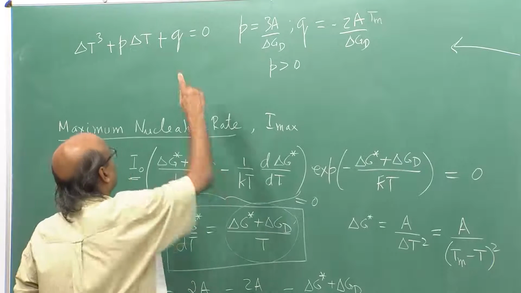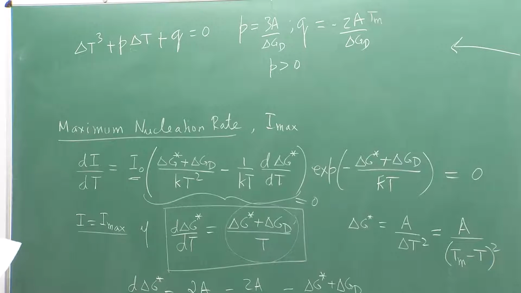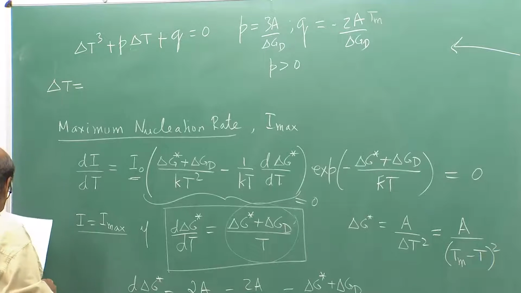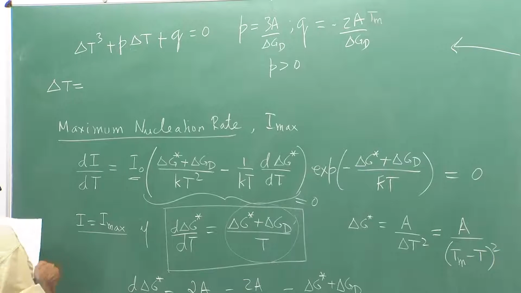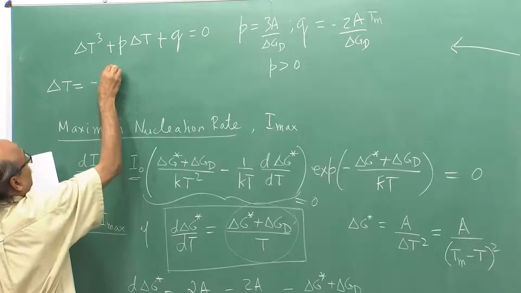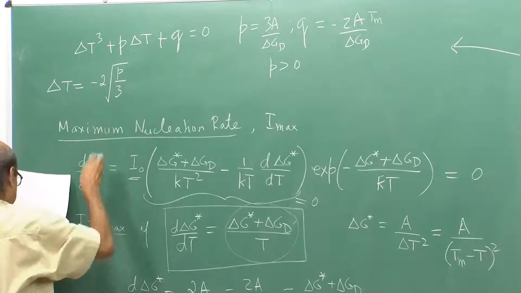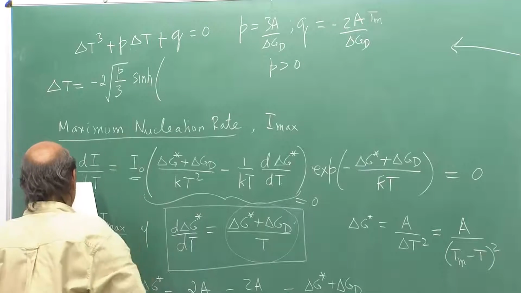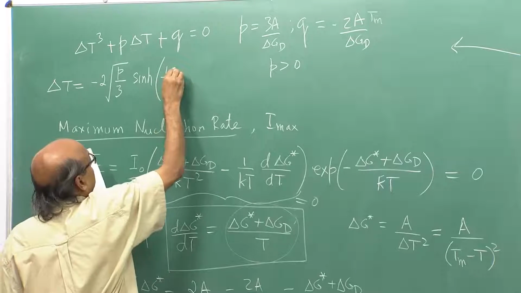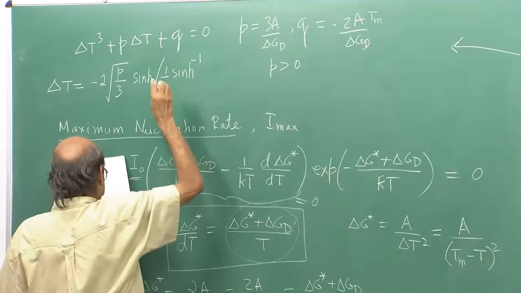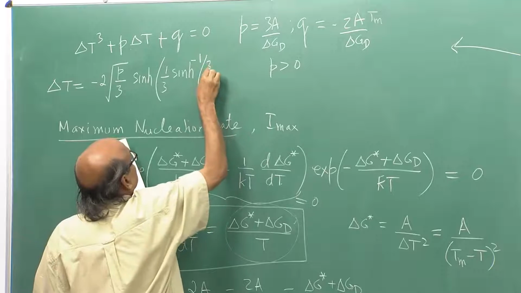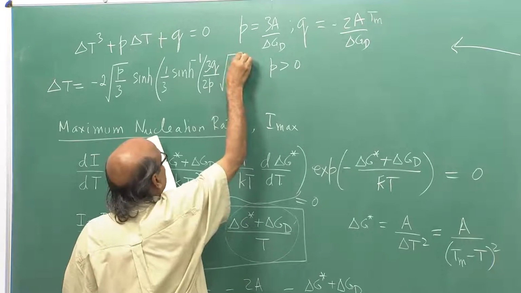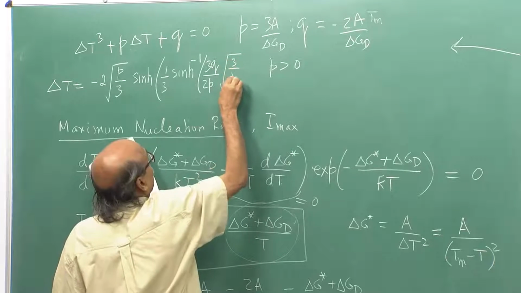So, the solution for this particular cubic is given as delta T equals minus 2 square root p by 3 sine hyperbolic 1 upon 3 inverse sine hyperbolic 3q upon 2p square root of 3 upon p.